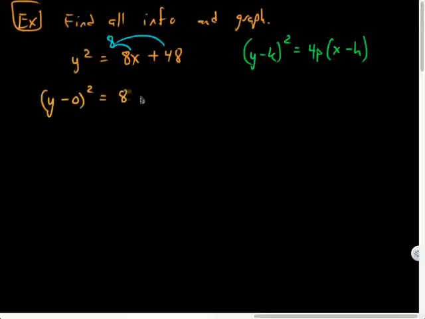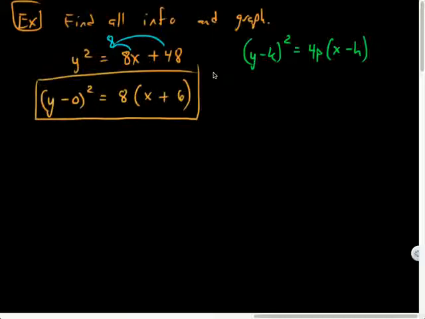And then for the x, I'll have 8 times, what? 8 times what is 8x? X, yep, plus 6. Okay, so this is now much more in my standard form that I'm used to, right? So it's not nearly as crazy.